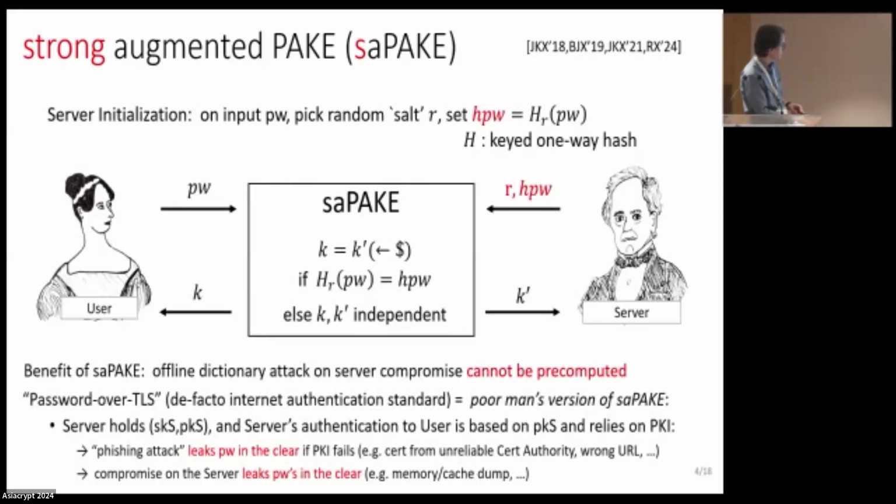And this should compete against the password over TLS kind of authentication, where the server has a public key, the user essentially encrypts the password under this public key and it gets shipped here, and then there's a local check and the server decides whether the user is authenticated or not. But this leads to phishing attacks.